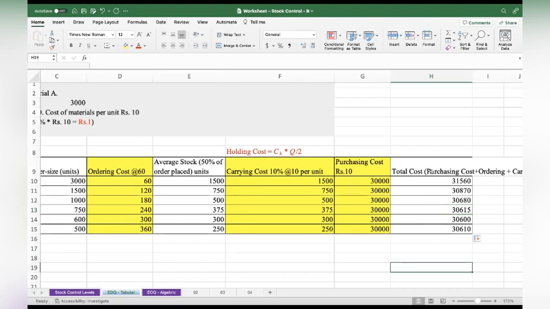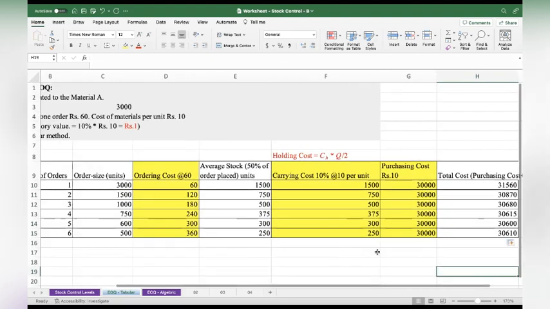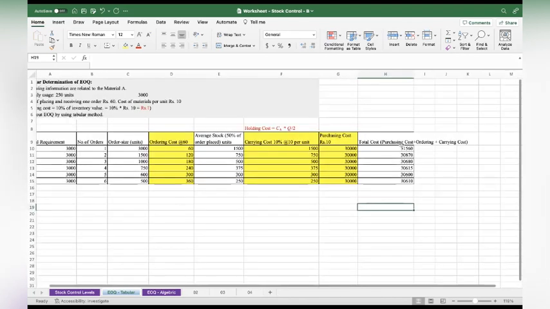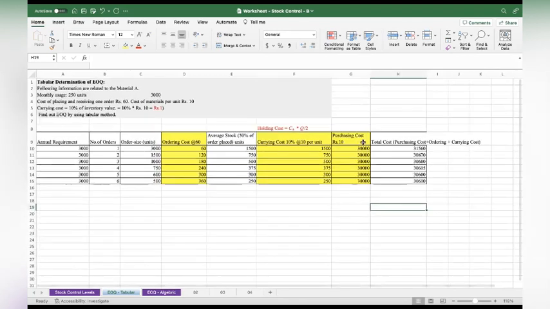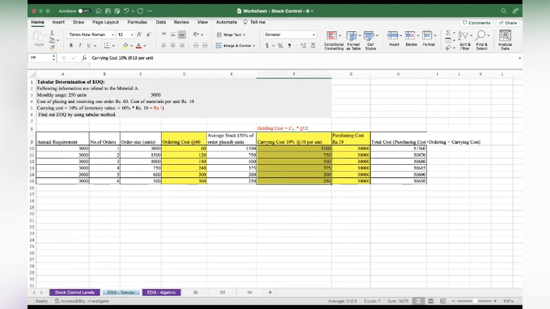Now you found the total cost. This is why, to calculate the EOQ in the tabular method, we need this total cost. Now remember, at the level where carrying cost and ordering costs are equal, we consider that order size as the economic order quantity.